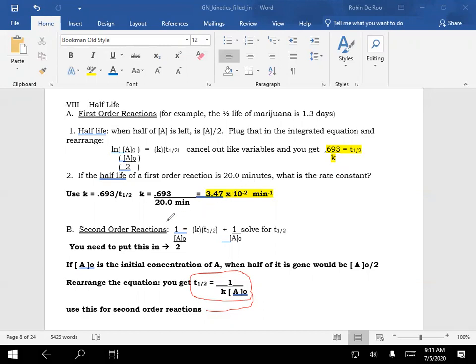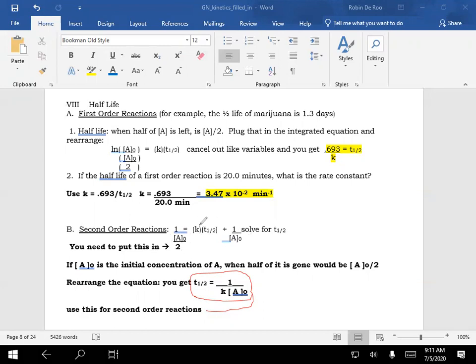Okay, let's do the same for second order. For second order, this would be our initial concentration divided by 2, and that would be half of the initial concentration.